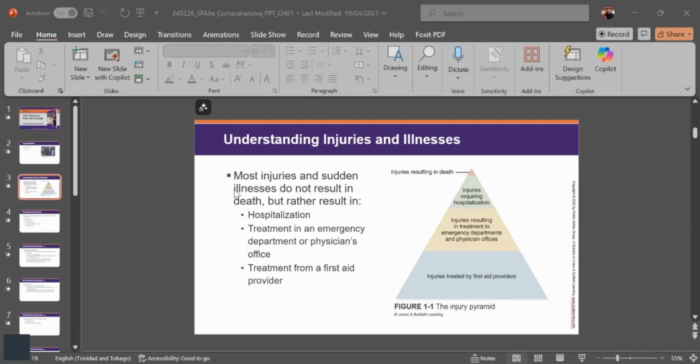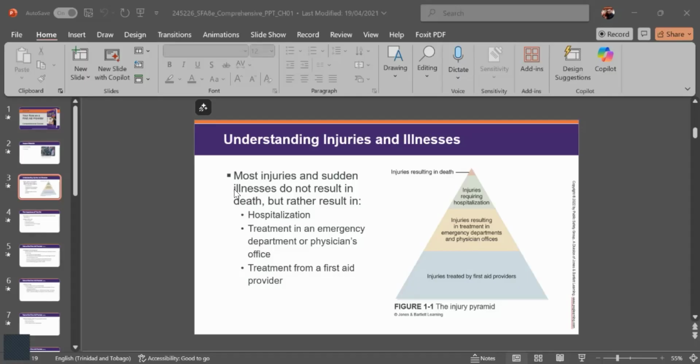You would have a fewer number of cases requiring treatment in the A&E or the doctor's office, but these may actually be more serious cases. Patients may require stitches, or a cast for a broken bone, or a sling, or resetting of a dislocation.